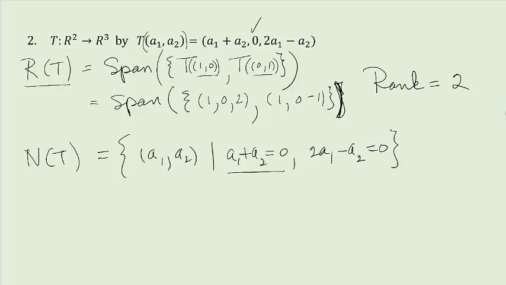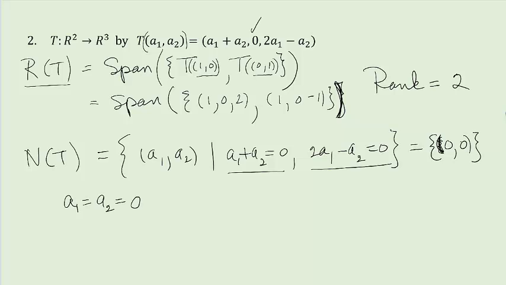So if you take these two equations and solve them, you quickly find a1 equals a2 equals 0. So this is the set containing just the 0 vector.